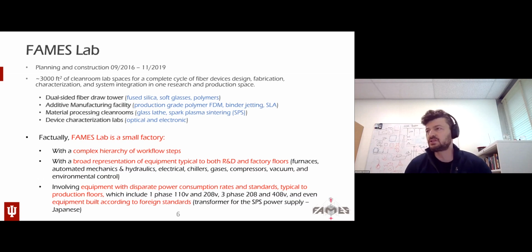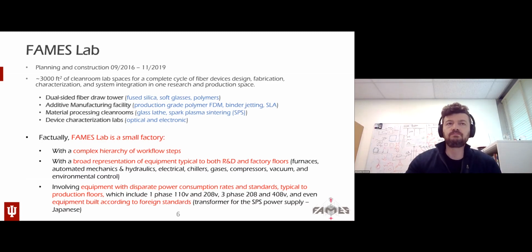So you would have not just 110 one phase that you would usually see in office spaces. We also have 208 one phase, 3 phase, 208, 408, and even equipment that is built according to foreign standards with dedicated transformers, such as the spark plasma sintering hot press that is of Japanese production.